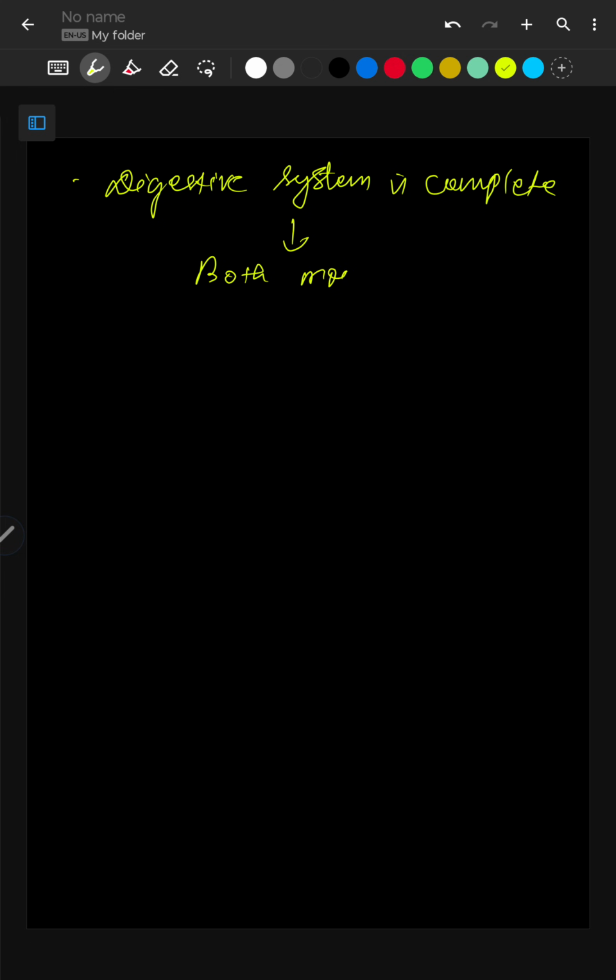Okay, now come to the digestive system. Digestive system is complete, means they have both mouth and anus. So two openings are present and the mouth is located on the lower or ventral side.